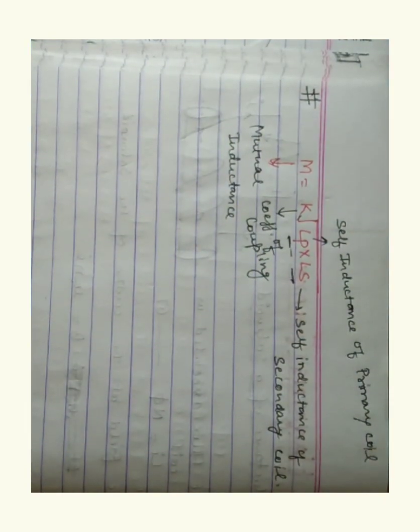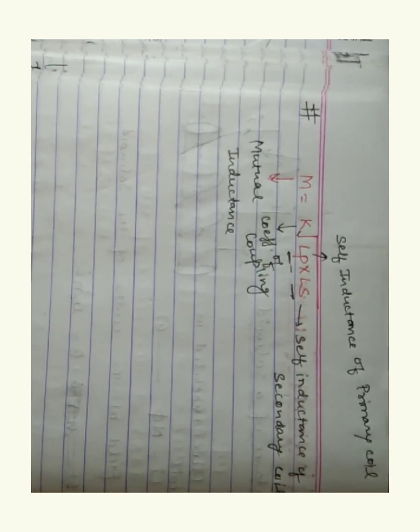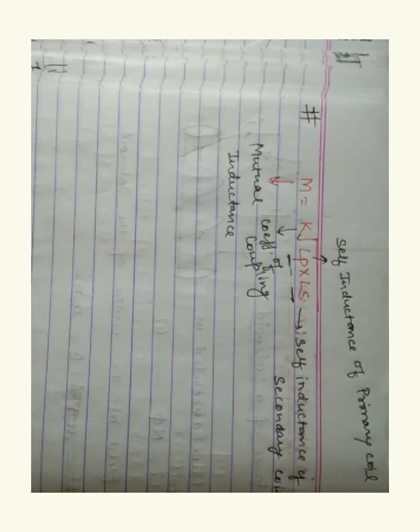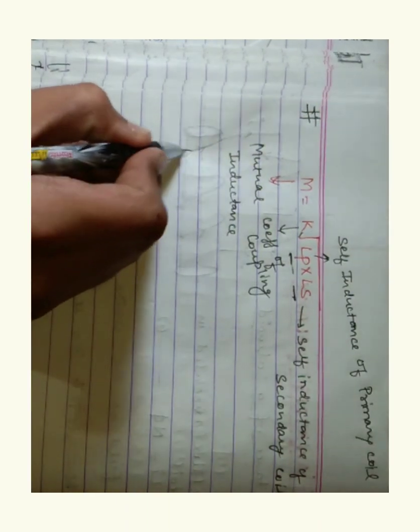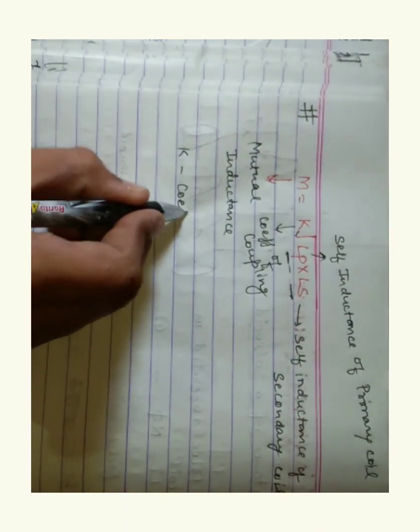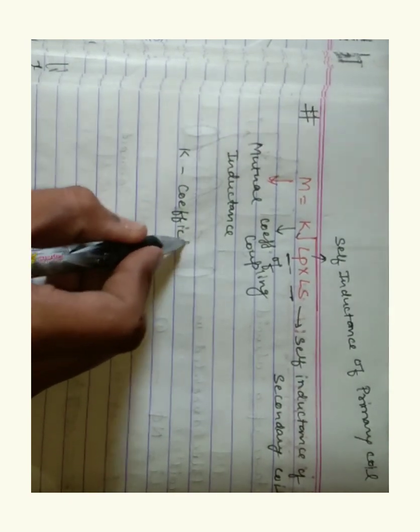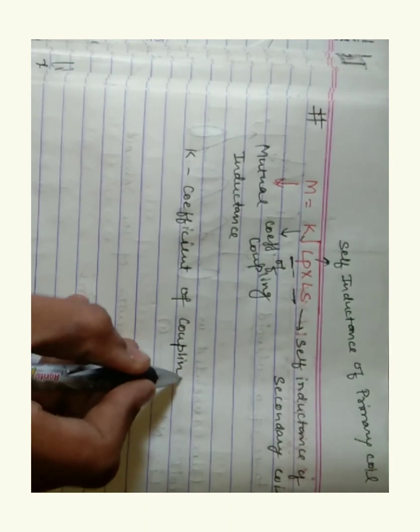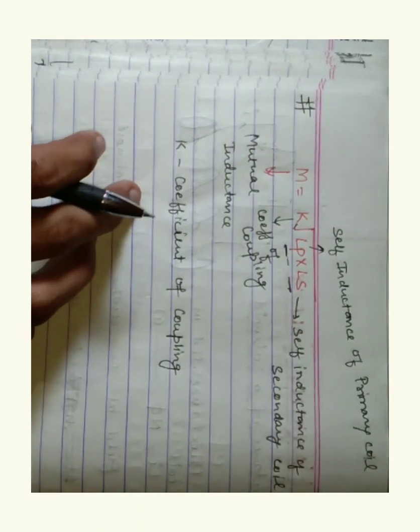Now let me tell you more about coupling. What is this coefficient of coupling and how does it play a role? Generally the value of k lies between 0 and 1.